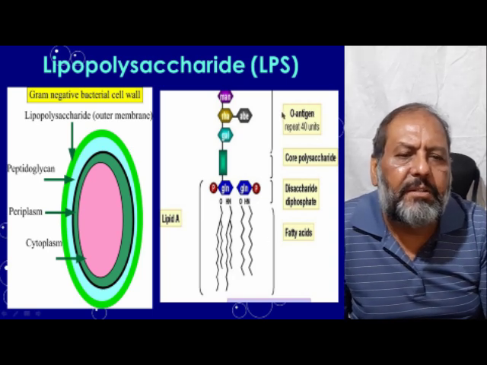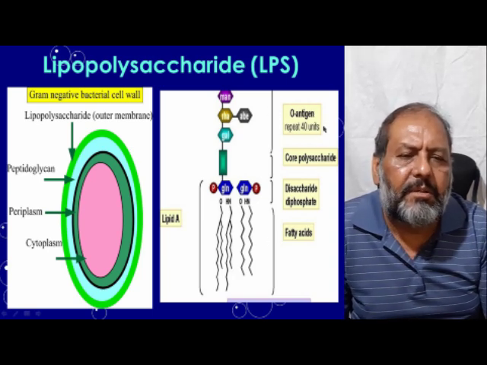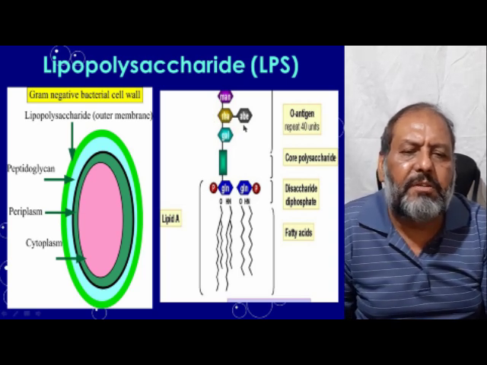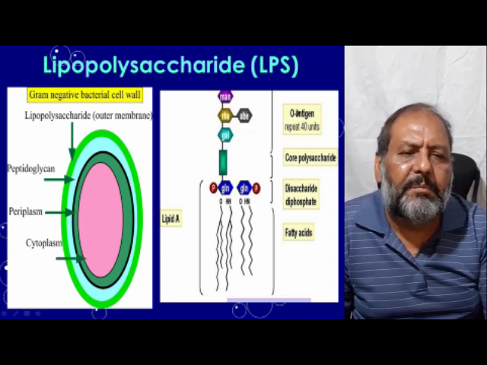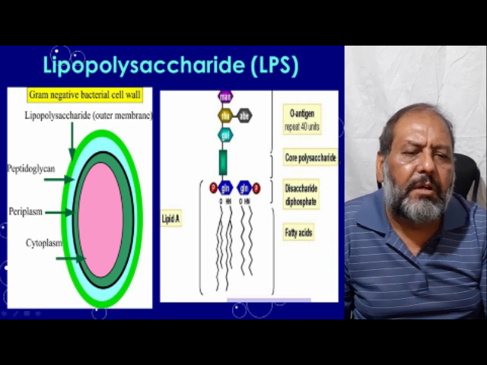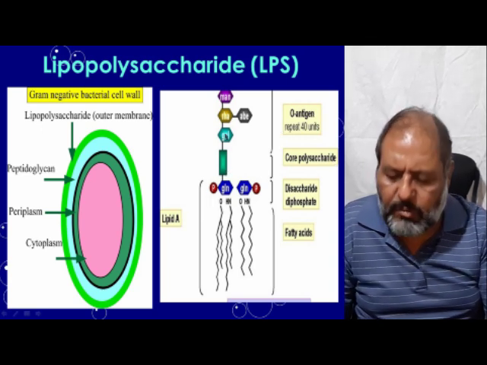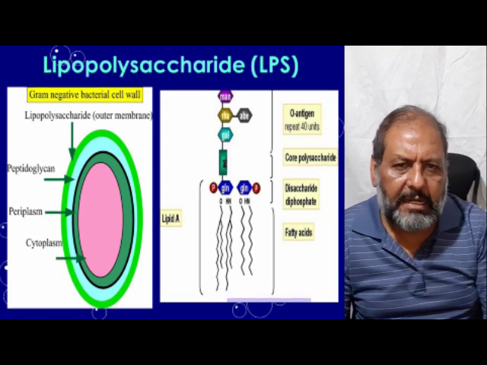Here is the O antigen that contains about 40 units, and that gives the antigenic properties of this lipopolysaccharide. And the core polysaccharide supports the lipid A and the O antigen. It is in the center.